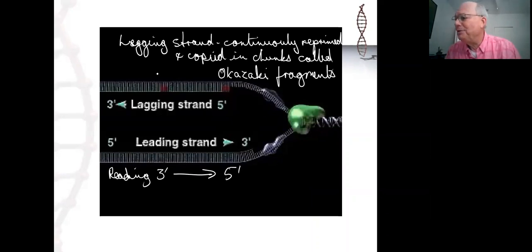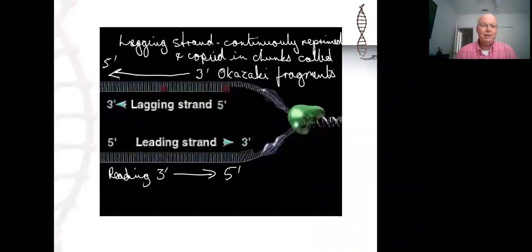It stands to reason then that you are reading this one 3' to 5' in this direction. So this is the reason why the lagging strand has to be done in a slightly different way. It's still mostly the same enzymes, but there are a couple of extra enzymes that are involved.